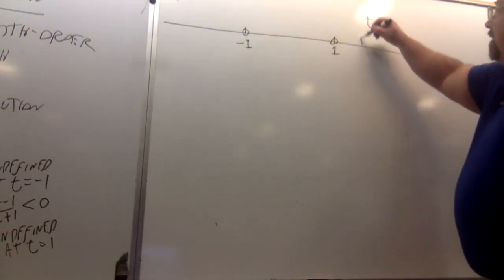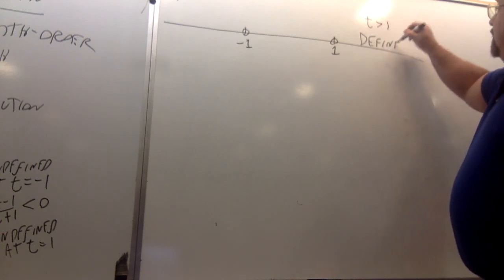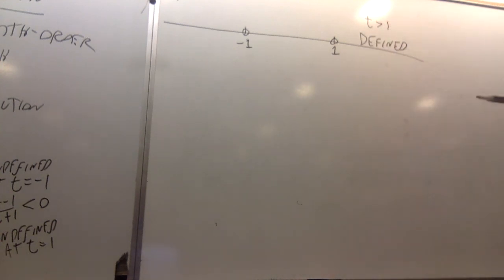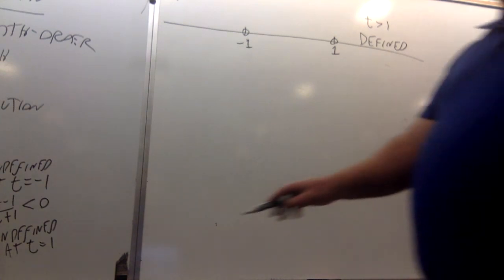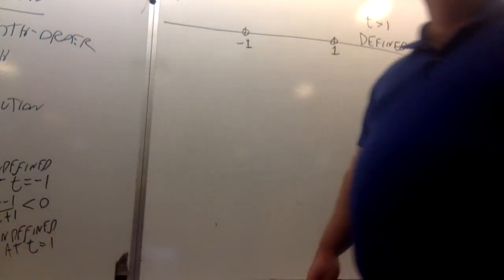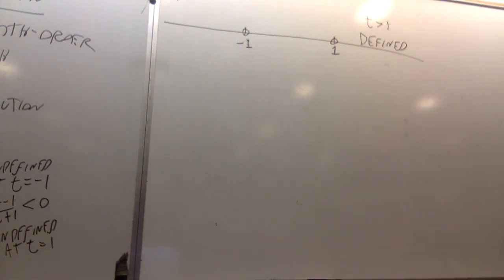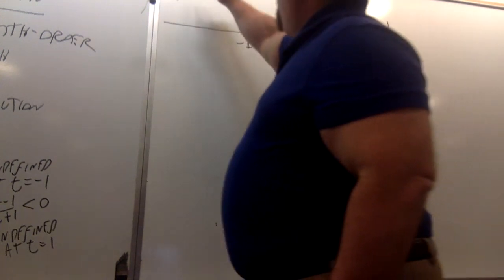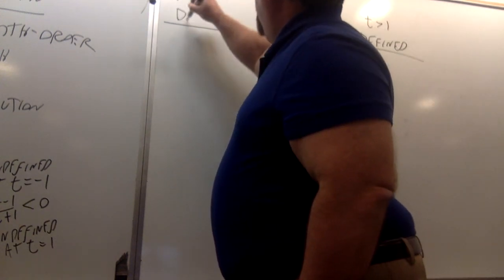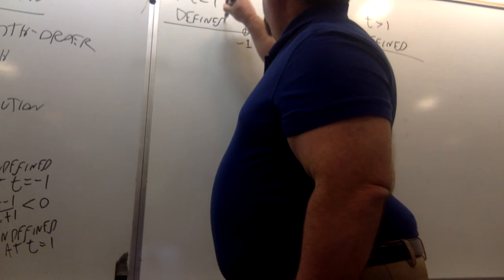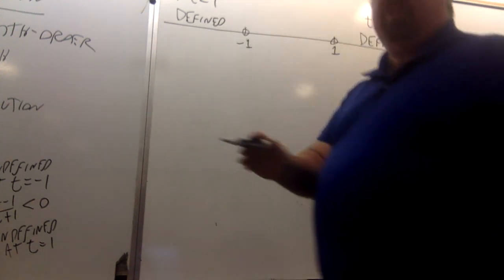So here the solution is defined, and the derivative is also defined. You confirm that you're taking a square root of a positive number in this case. Same thing over here, t less than 1. Also defined. You're not dividing by 0.